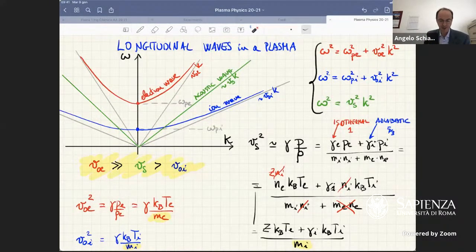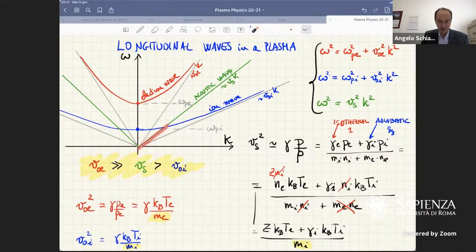And you see that, for instance, if we consider different waves, for very long waves, those for which the K vector is zero, the electron wave and the ion wave are not propagating, they become oscillations. But a wave can still be there, and it is the acoustic wave.